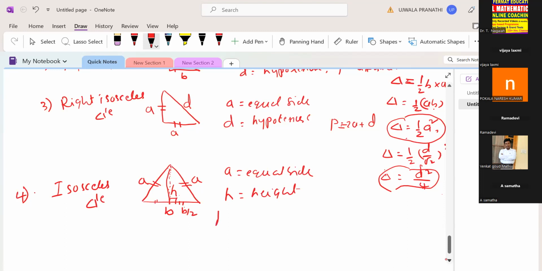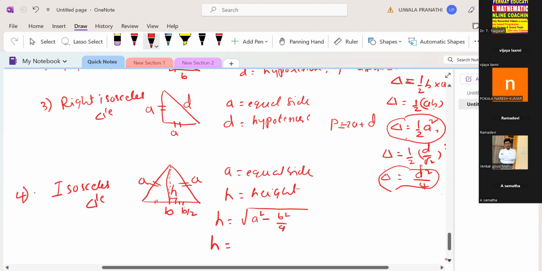Now H is equal to square root of A square minus B by 2 whole square, that is B square by 4. Then H is equal to 1 by 2 square root of 4A square minus B square. So this is the height of the isosceles triangle.